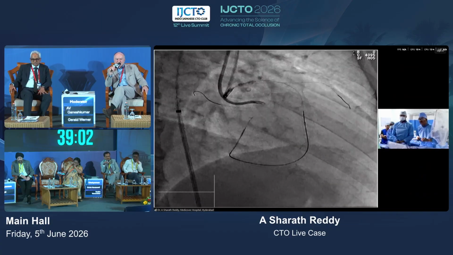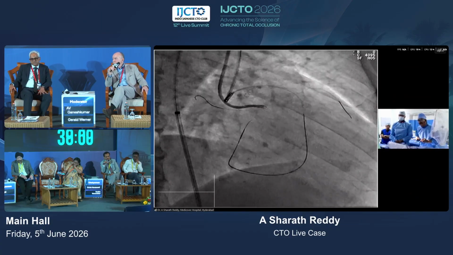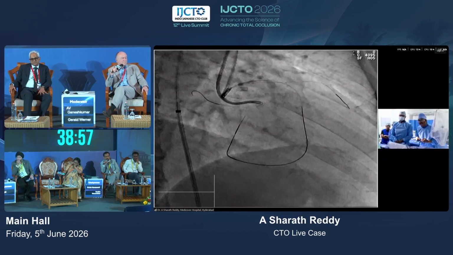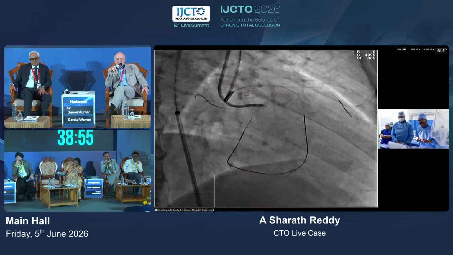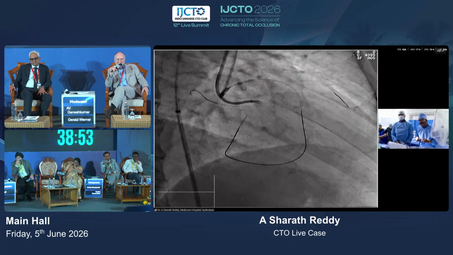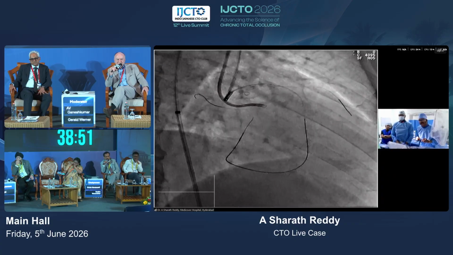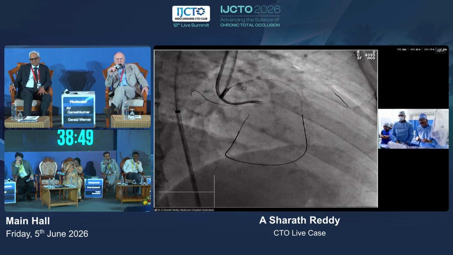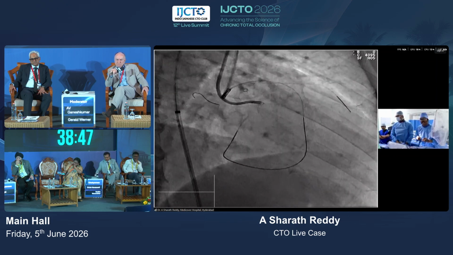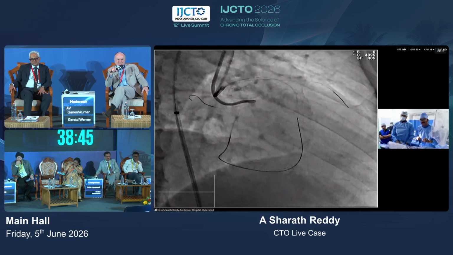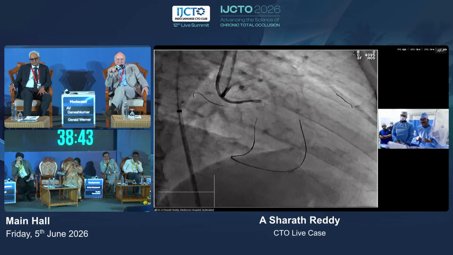Hi Sharath, Dr. Girish here. If you think the resistance is more, would you go to a hydrophilic wire within the body to traverse a certain distance? Like a Pilot 200 or something, would you like to try? In such scenarios, Pilot really won't give you good support to get into the cap.